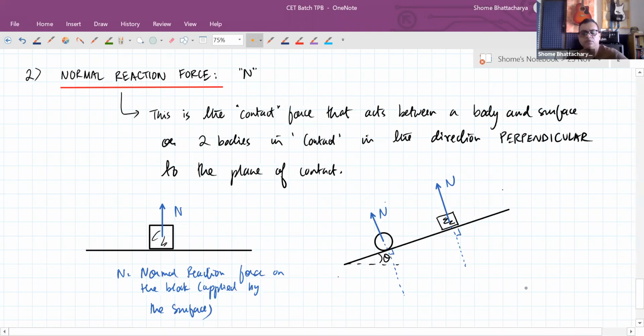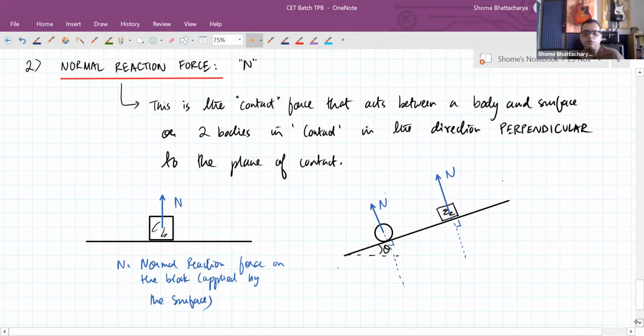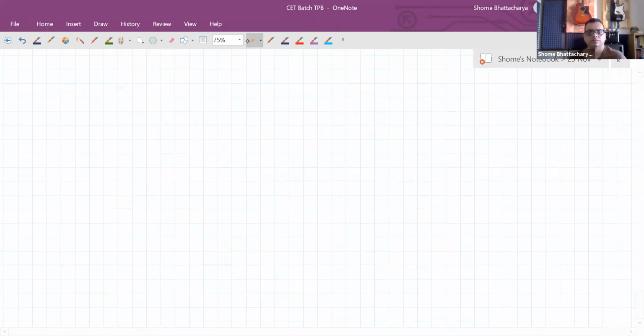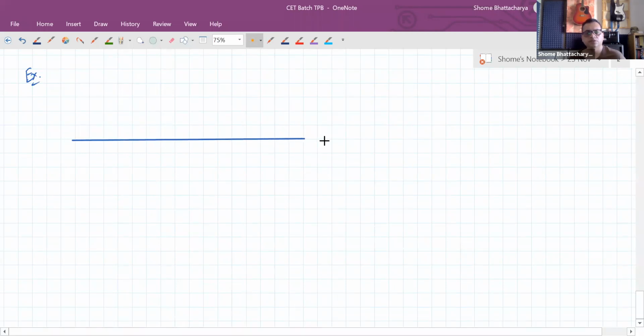Okay, so next up, let's look at some numerical examples of the calculation of normal reaction force. So the first one is the most basic type of example, that if we have just a very simple situation of a block lying on a horizontal surface.